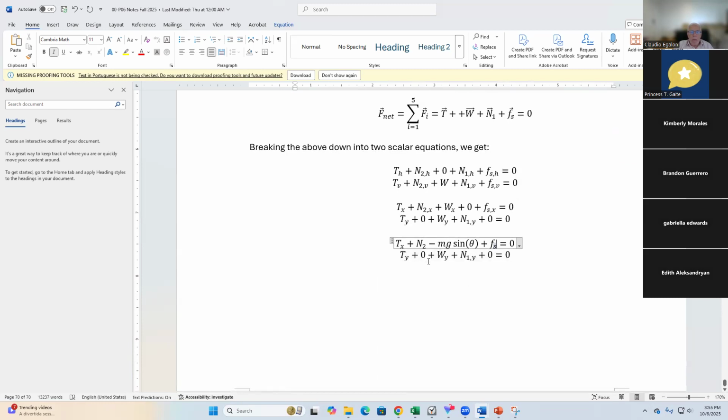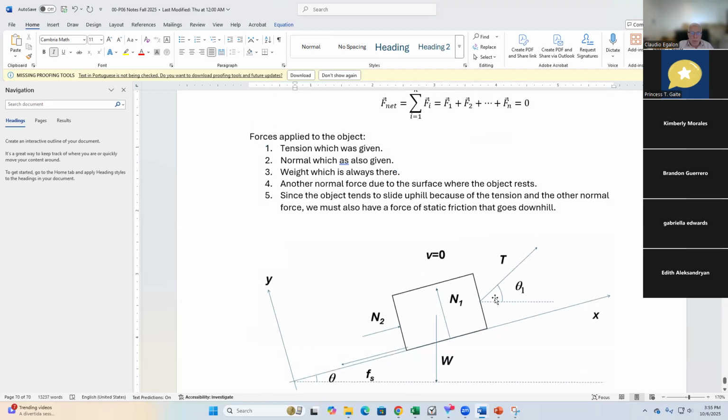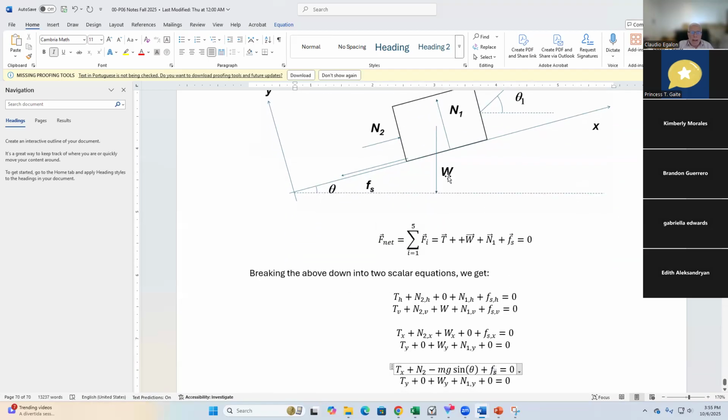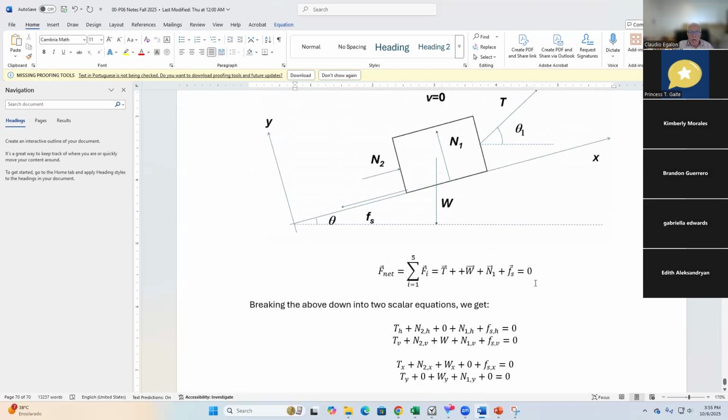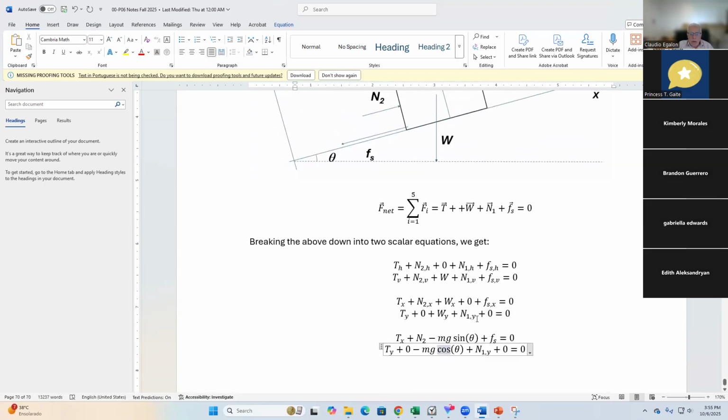The Y component, let's see, here the mg is going to be in the negative Y direction as well. So it should be minus mg cosine of theta. The Y component of the normal, let's see here.